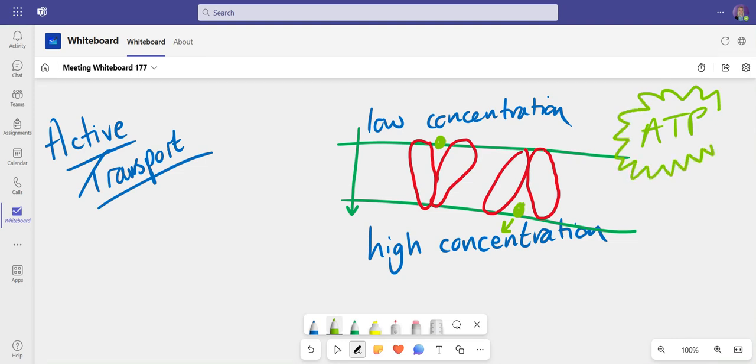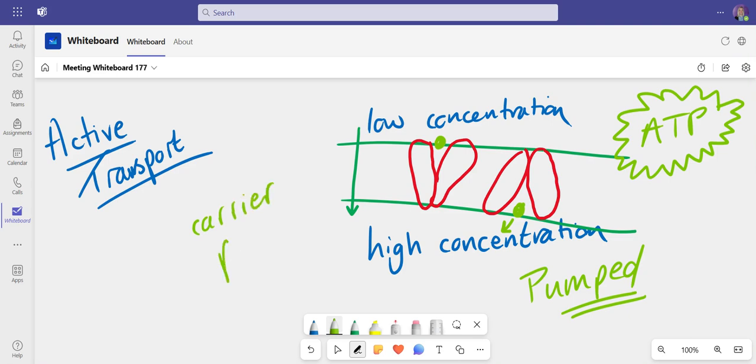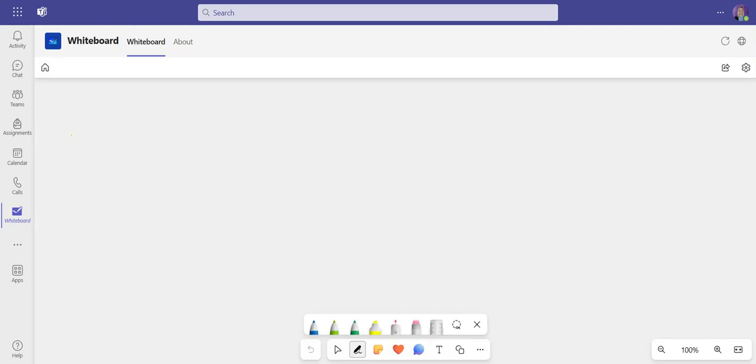Because it's going the wrong direction, it's like it's going up a slide. It's really hard to go from low to high concentration. So it needs ATP to be pumped across the membrane. And these little proteins, remember, are called carrier proteins that enable it to cross the membrane, basically in the wrong direction.